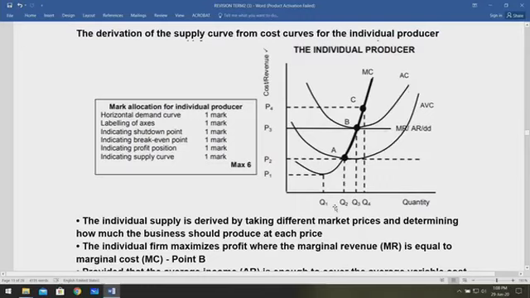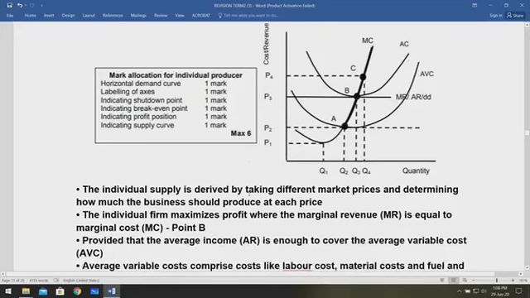What did we say earlier on? Where MC equals MR. So if you look at point B, that is where he is maximizing his profit, because that's where MC is equal to MR. This holds provided that the average income is enough to cover the average variable cost.